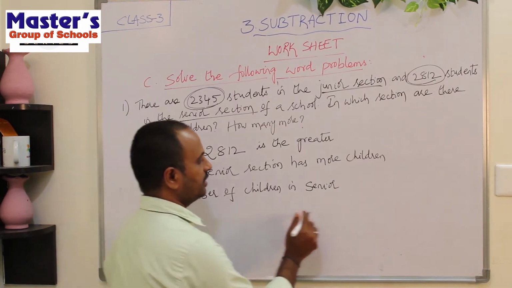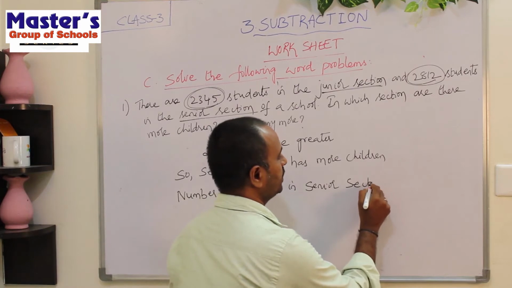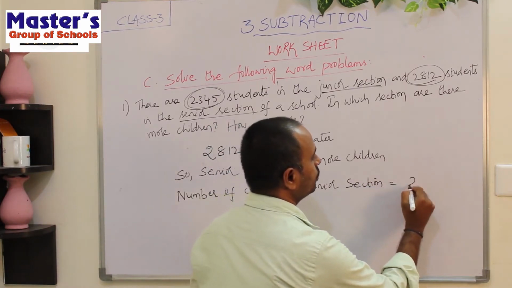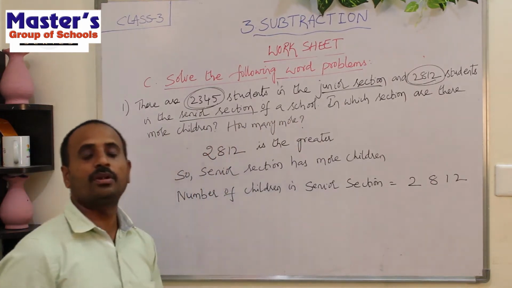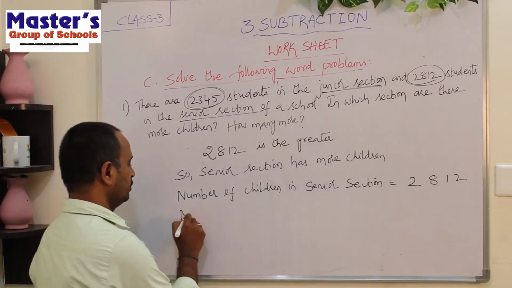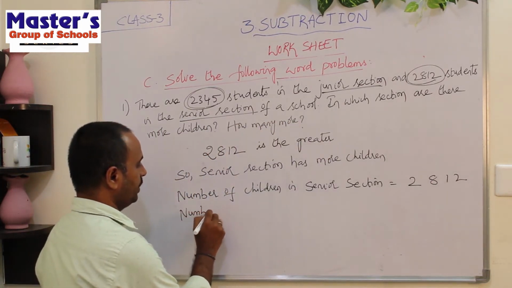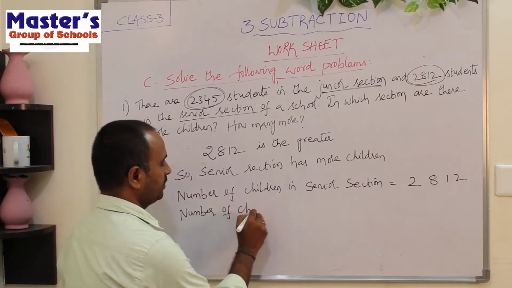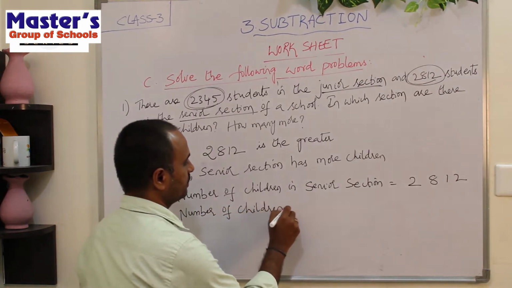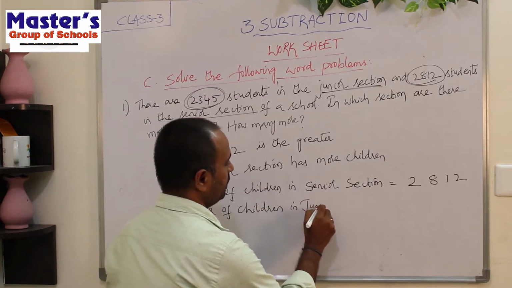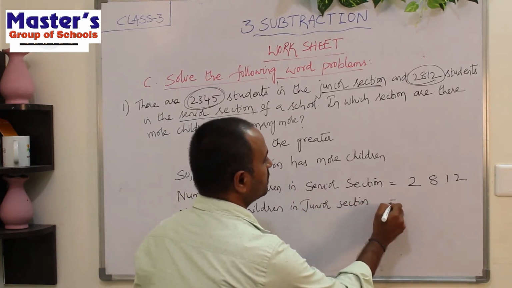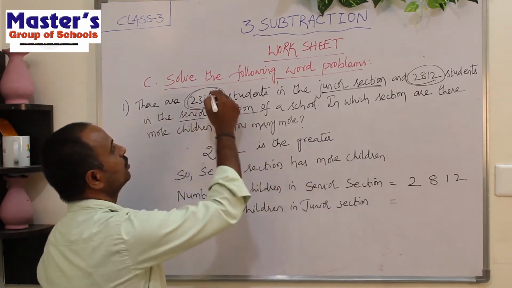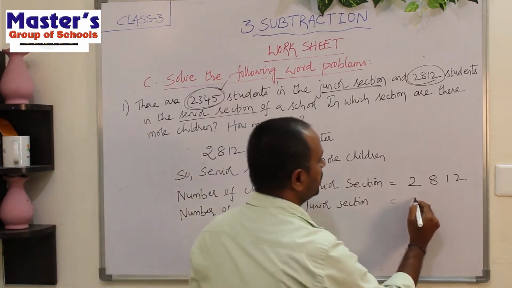So number of children in senior section is equal to 2,812. Now write the number of children in the junior section. Children, how many children are there in the junior section? 2,345 children are there.